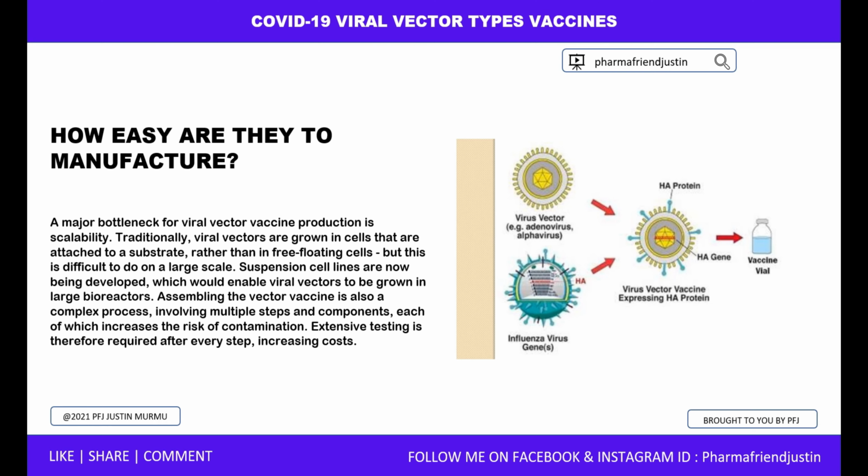Suspension cells are now being developed, which would enable viral vectors to be grown in large bioreactors. Assembling the vector vaccine is also a complex process involving multiple steps and components, each of which increases the risk of contamination. Extensive testing is therefore required after every step, increasing cost.